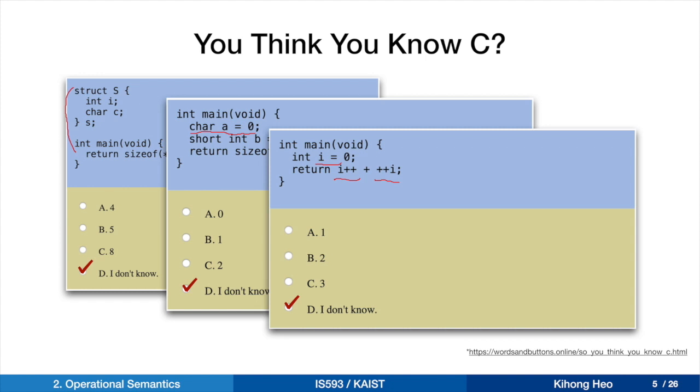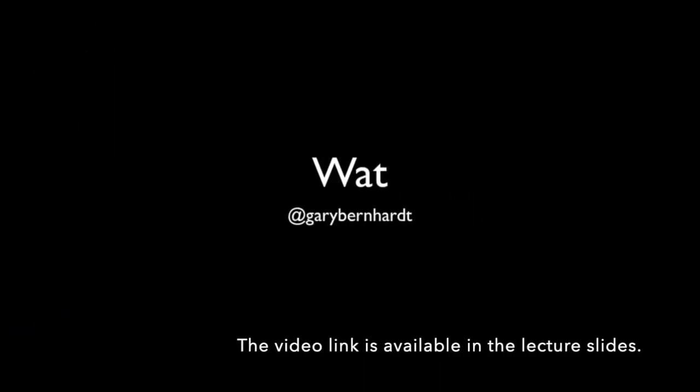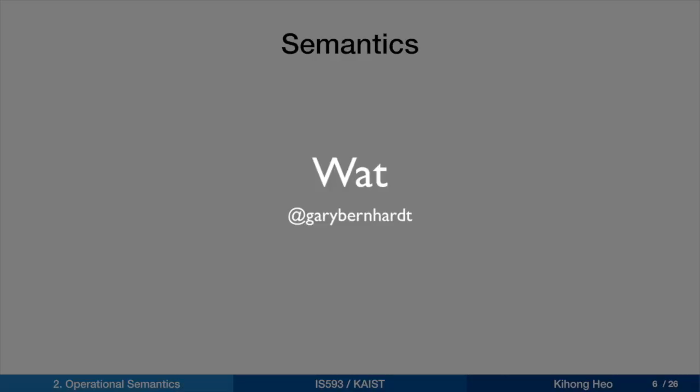So the question is, how is the semantics of each statement and expression of a program defined formally, and what are the statements whose semantics is unspecified? These kinds of questions are really important to understand the behavior of a program correctly. Here is a funny video that shows the importance of formal and clear semantic definition of a programming language.